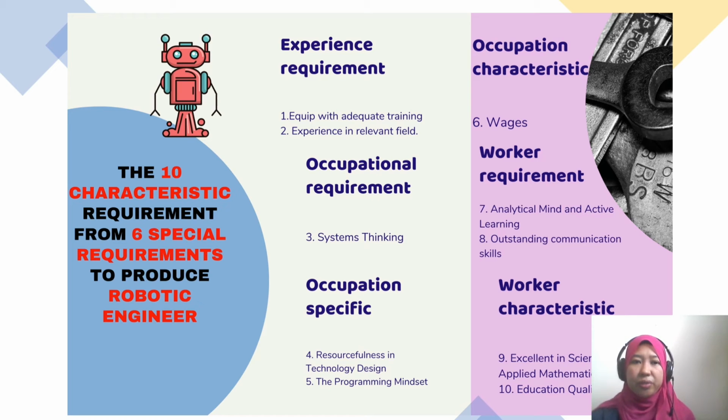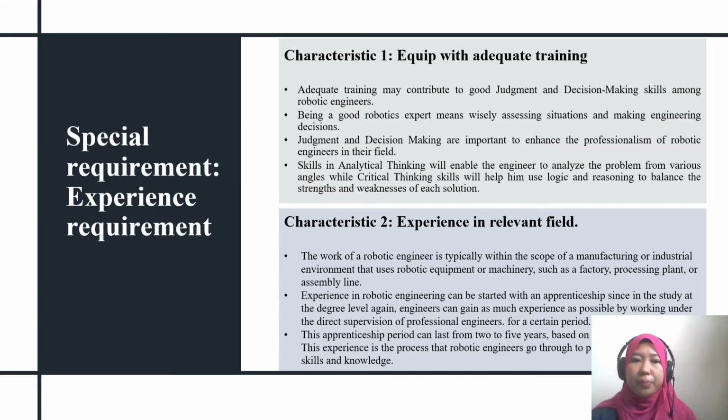Let me continue with the 10 characteristic requirements from the 6 special requirements to produce a robotic engineer. Firstly, we choose the special requirement of experience requirement. The first characteristic is equipped with adequate training, which means adequate training may contribute to judgment and good decision-making skills among robotic engineers.